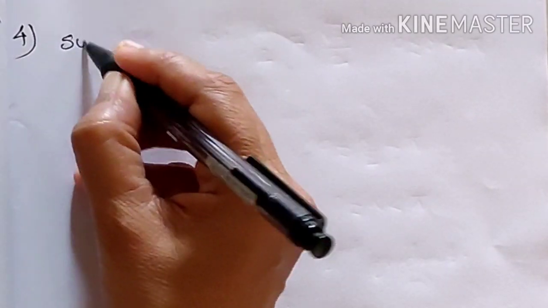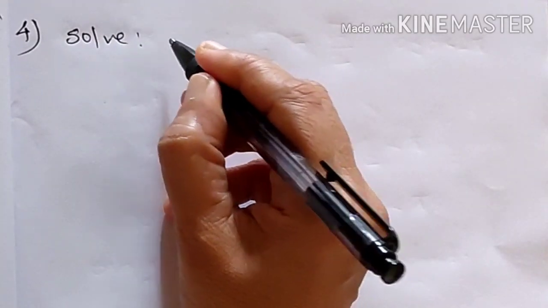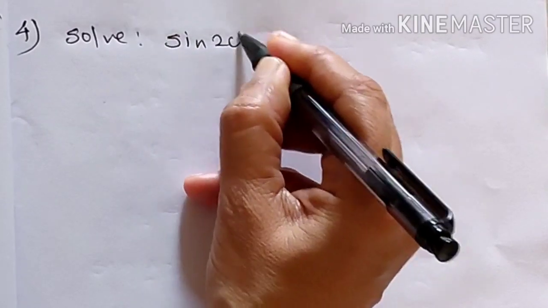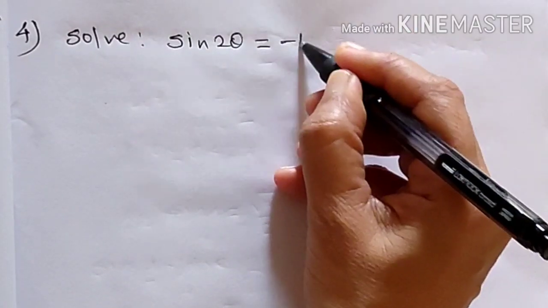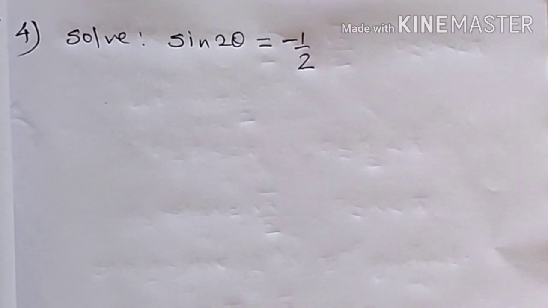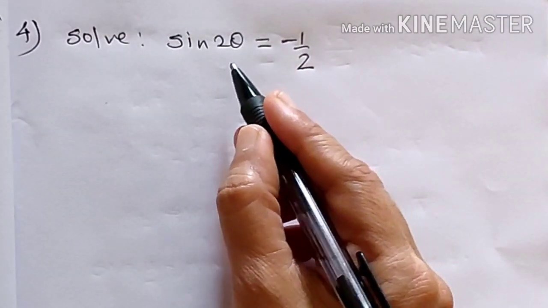Next, let's solve one with a double angle. Sine of 2 theta is equal to minus half. We want to know the principal solution.